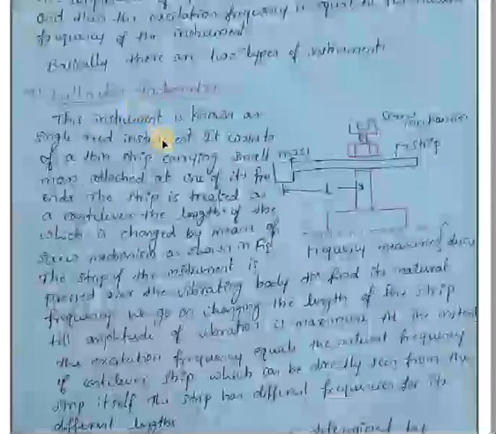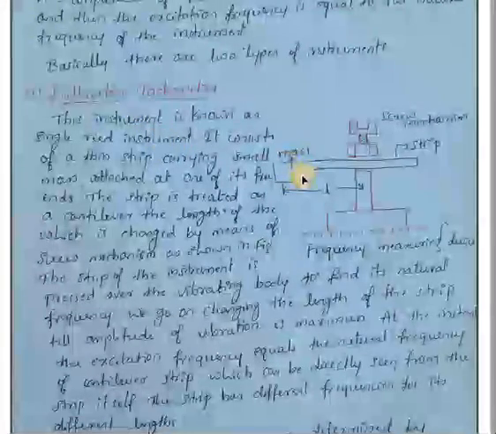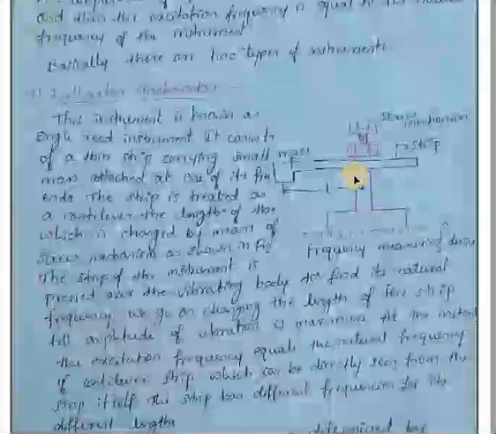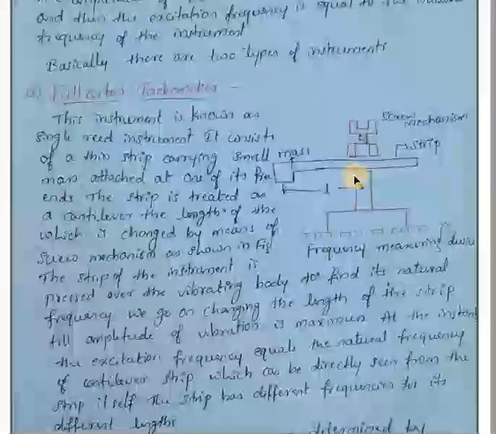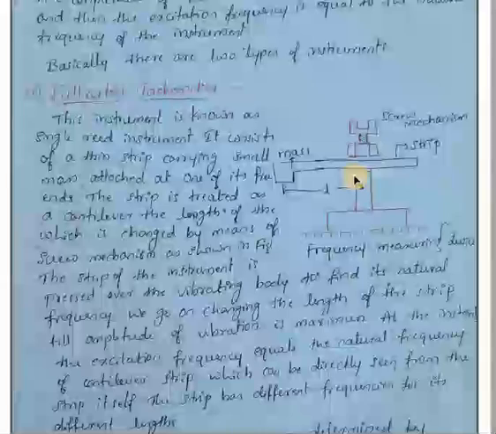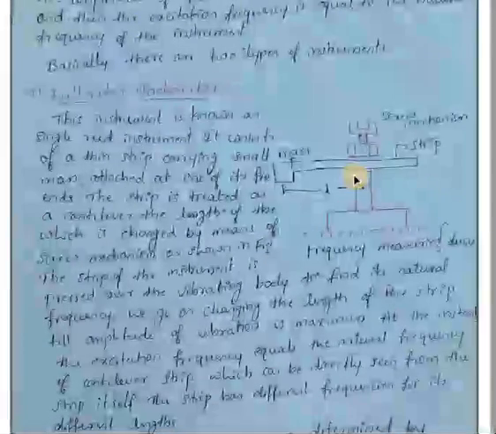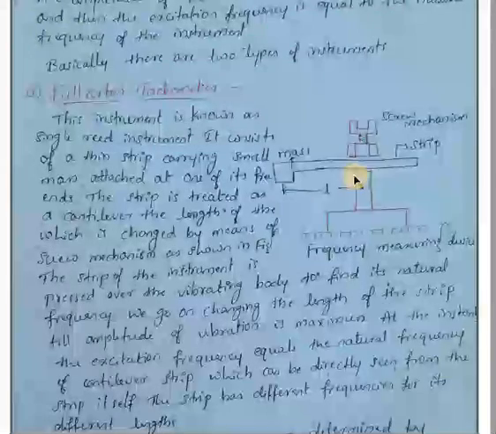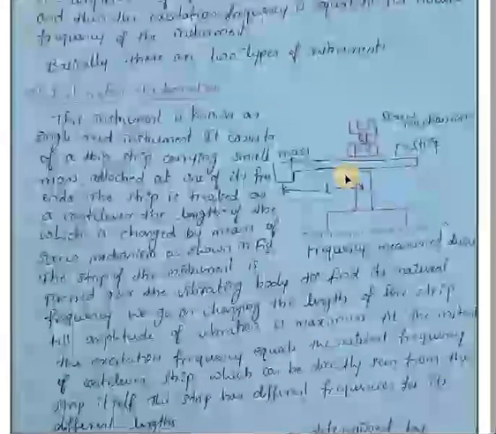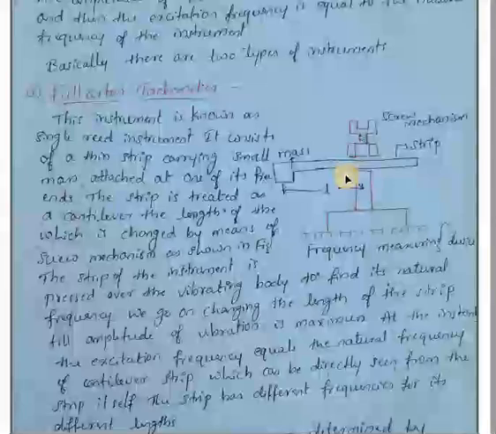One is the Frahm tachometer. This is the diagram for the tachometer. This instrument is also known as a single reed instrument. It consists of a thin strip carrying a small mass attached at one of its free ends.